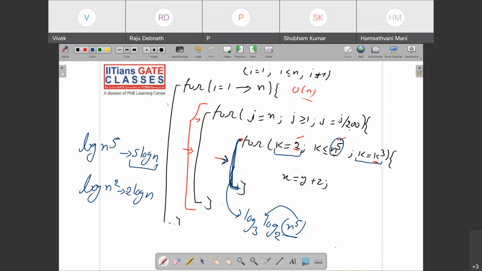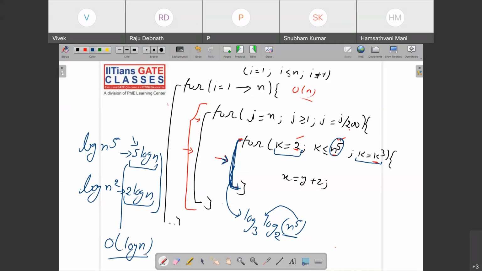In time complexity analysis, these two are just the same thing. Constant doesn't really matter in logarithm. So both of these can be written as order of log n.